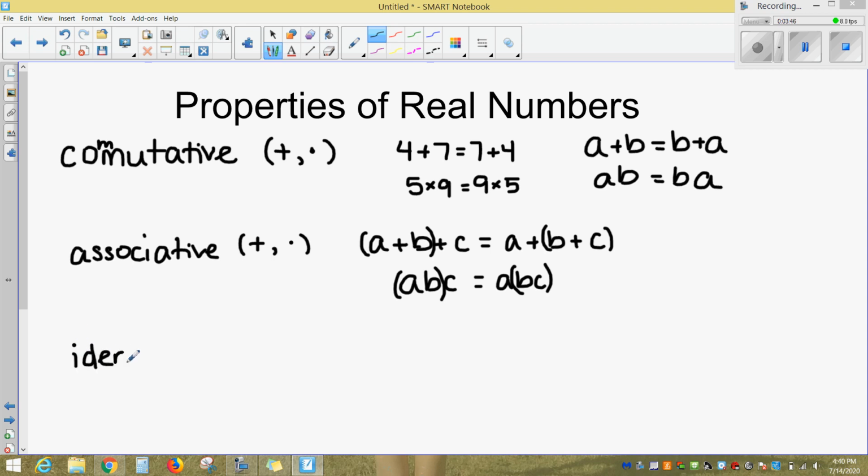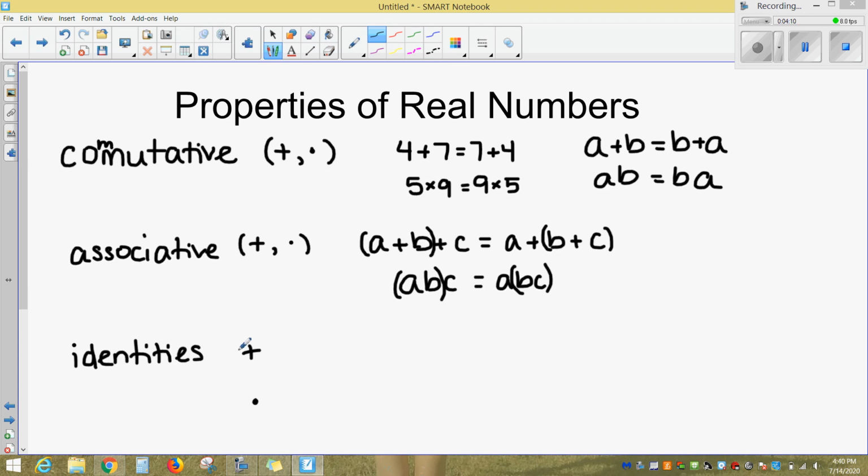Now, when we want to talk about the identities, again, we have identities with respect to the operation of addition and the operation of multiplication. An identity in this situation is a number that does nothing with respect to the operation that we're working with.